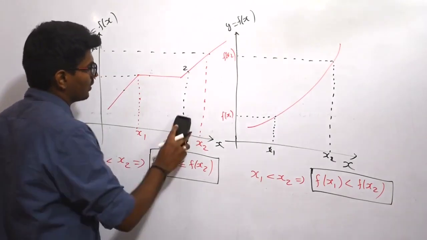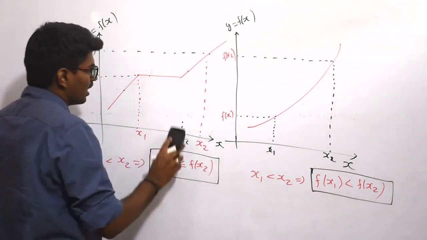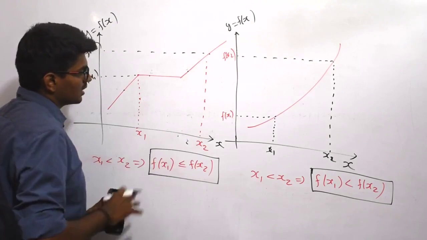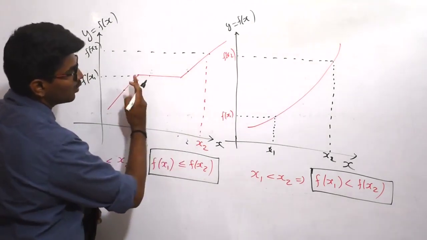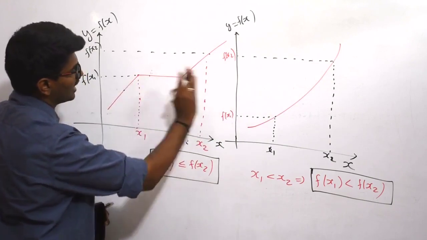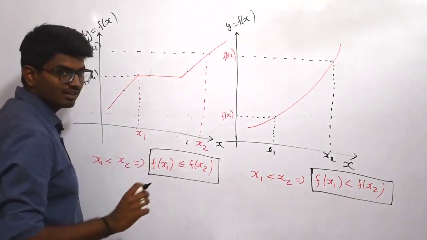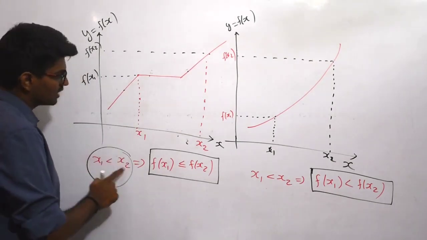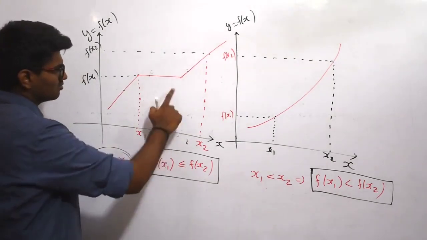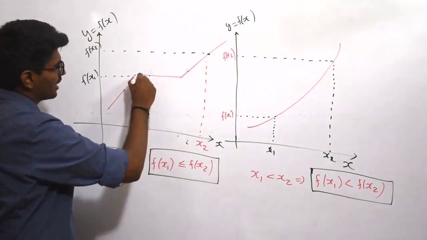And what observation you could make here: whatever point I take after x1, moving towards right, that point will be surely greater than x1. That is what I wrote here: x1 is less than x2.